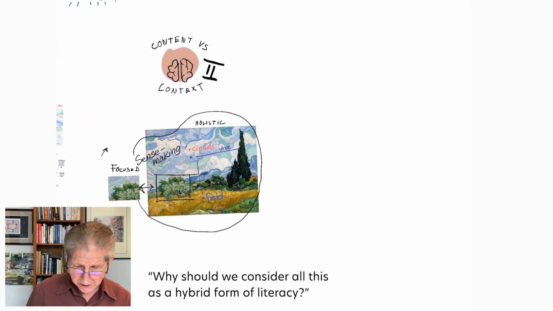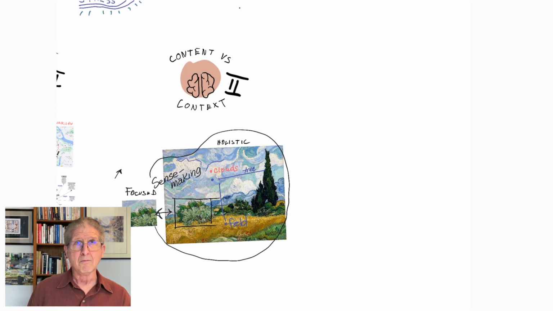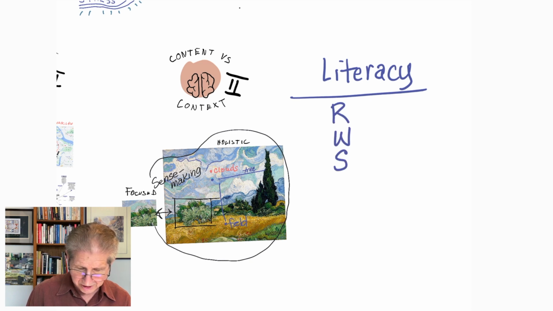And so what I would suggest is that our most common reference about literacy, if we take just the idea of what is literacy, well, most people would tell you that it's the ability to read and to write and to speak.